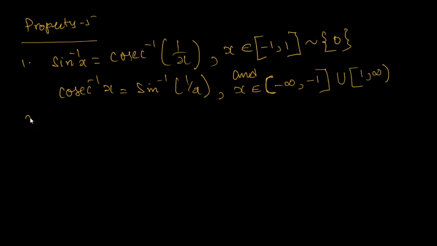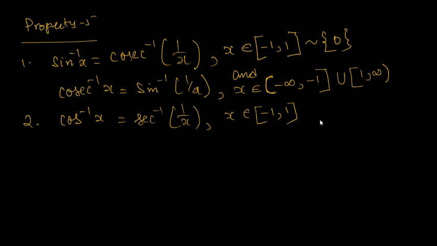Then second set, cos inverse of x can be secant inverse of 1 by x, and the condition here is x belongs to the closed interval minus 1 comma 1, except 0.